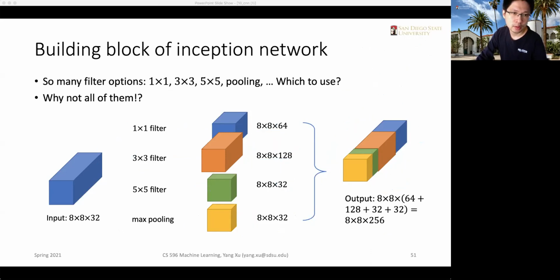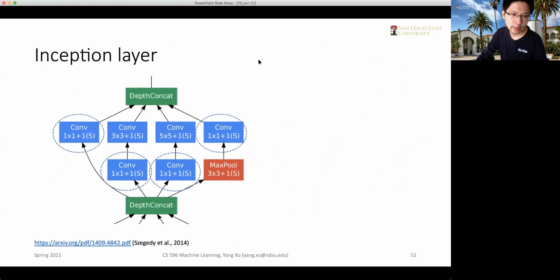So this is the building block for the Inception network. And the full Inception model is like we actually applied these. This figure is from the original paper, and if you turn it over, it's just like the way that I plotted in the previous slide.